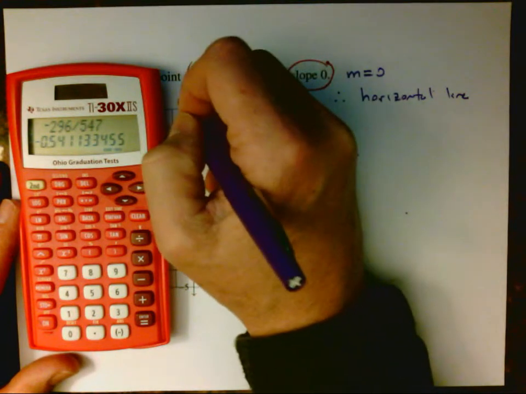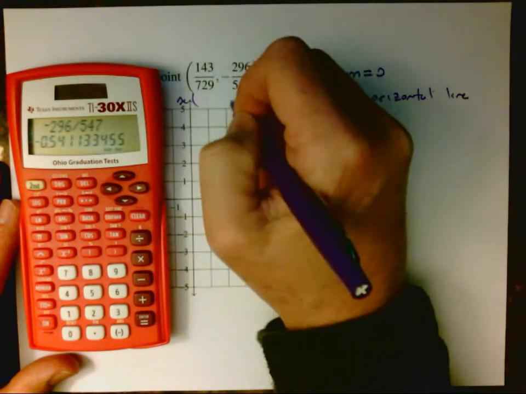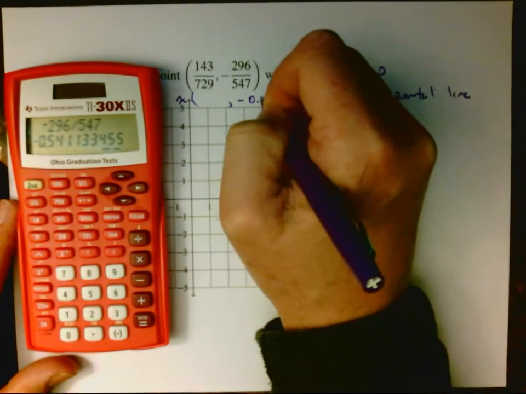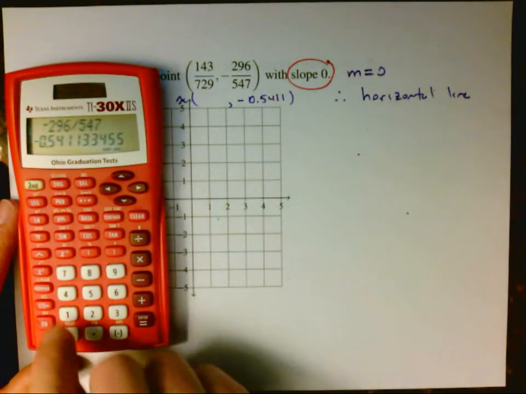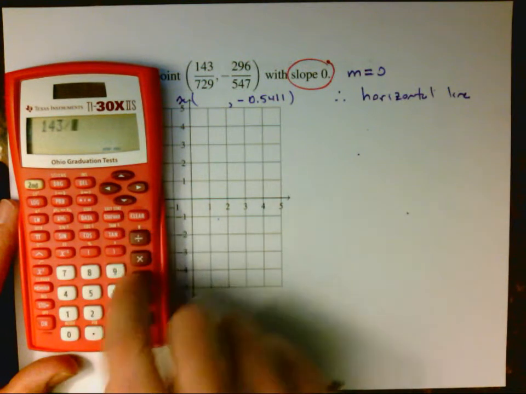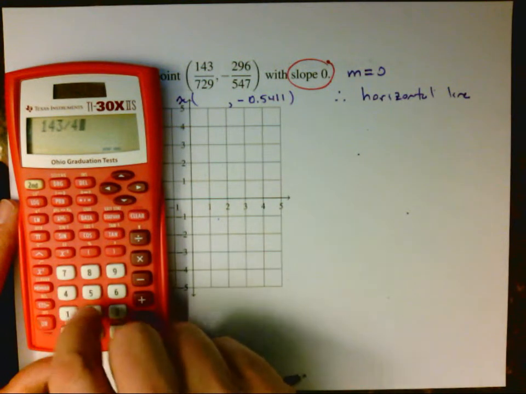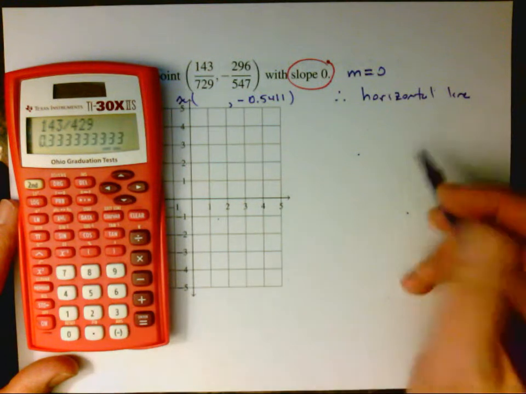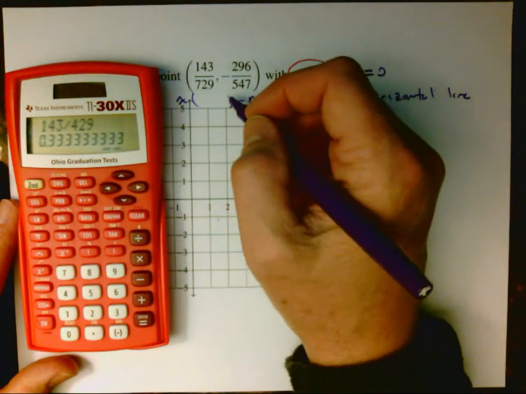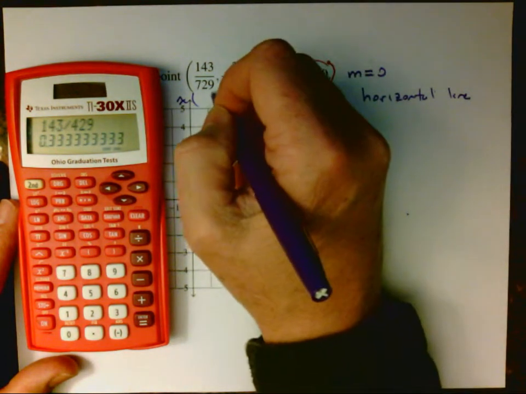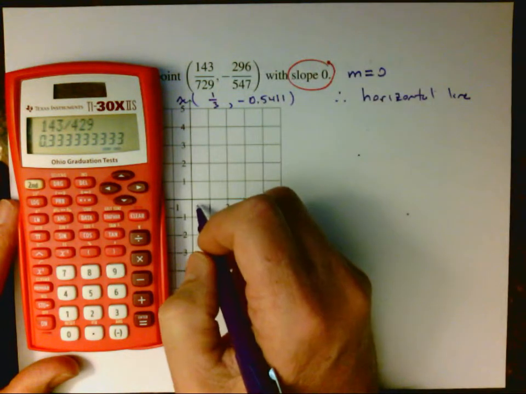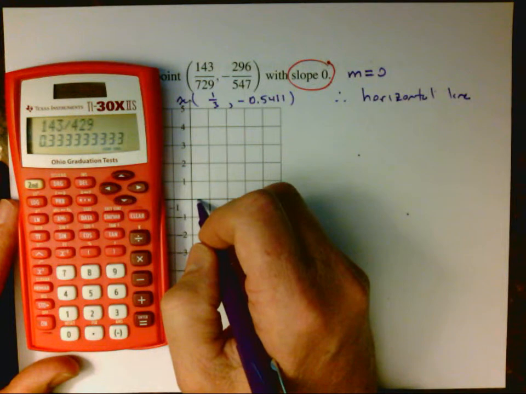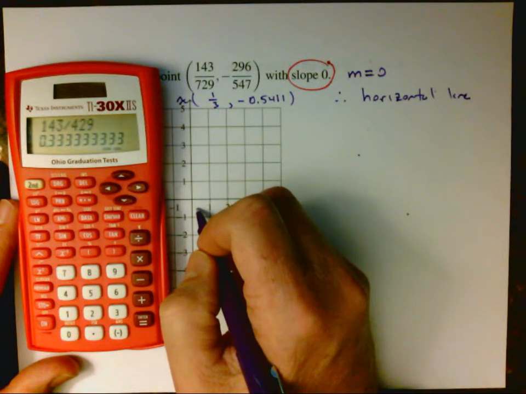So this point is approximately negative 0.5411, and the x-coordinate, just for fun, is 729 over 2187. That's a fancy way of saying 1/3. That fraction actually reduced to 1/3. So you go over about 1/3 and down about a half, so you're about there.